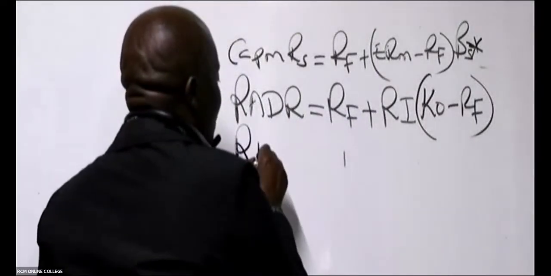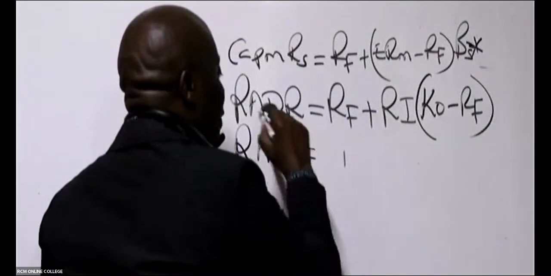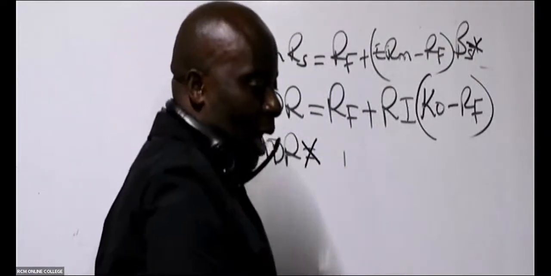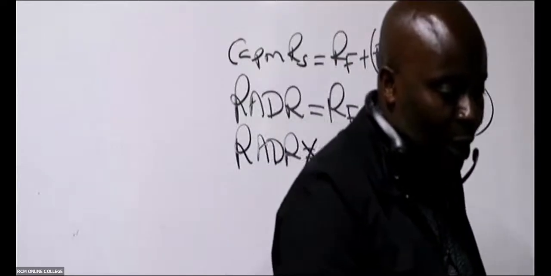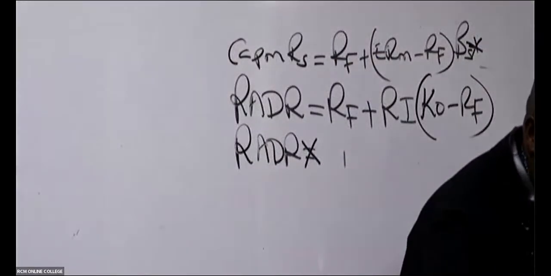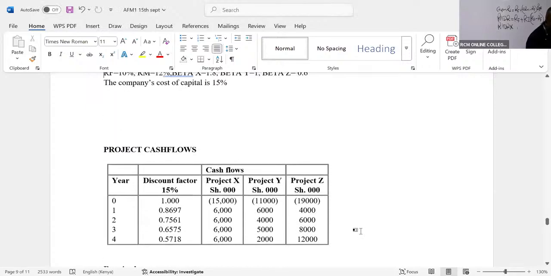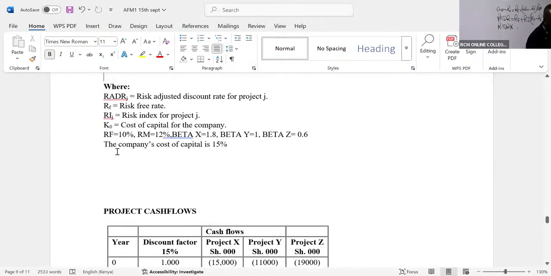In this question, have you been able to see the risk-free rate for this project X? Oh, yes. The risk-free rate, ladies and gentlemen, in this very question, which I'll share with you as we continue with the class, they have told us the risk-free is 10%.